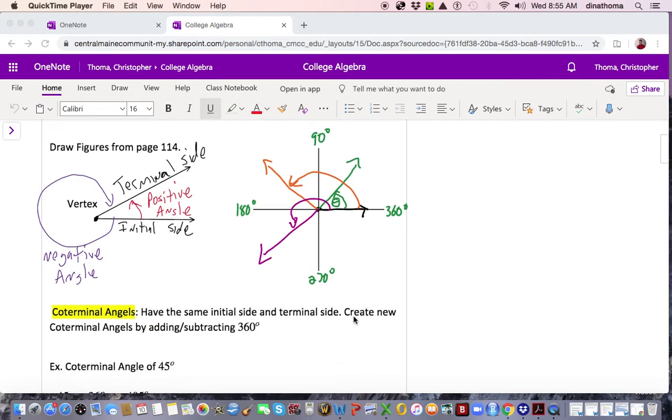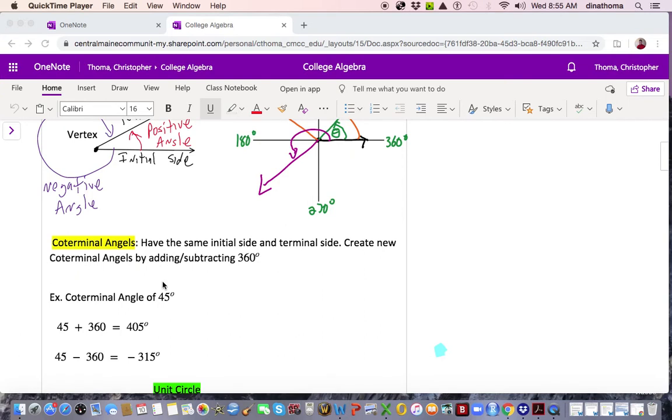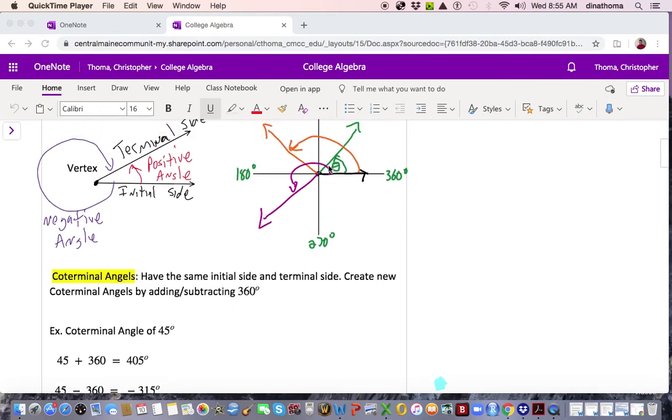So a coterminal angle has the same initial and terminal side. Basically, it's kind of like an equivalent fraction. You're adding to it, but it's not changing anything, right? So say we have a coterminal angle of 45 degrees, which could be very similar to our green angle right here.